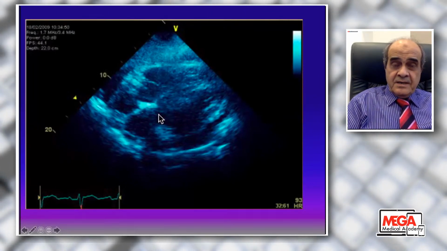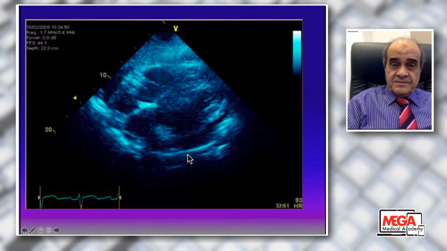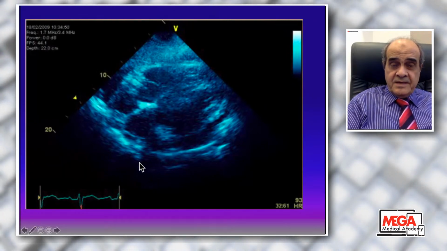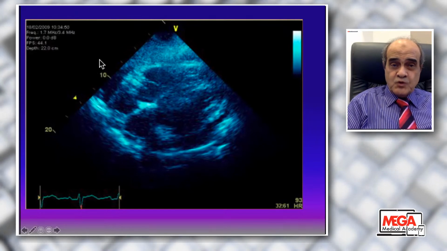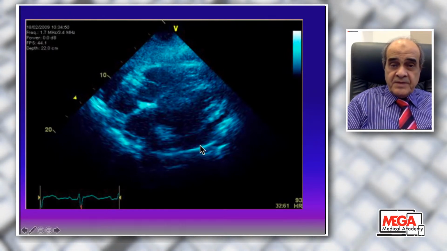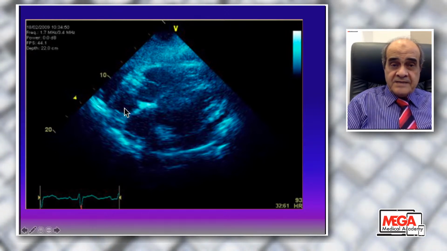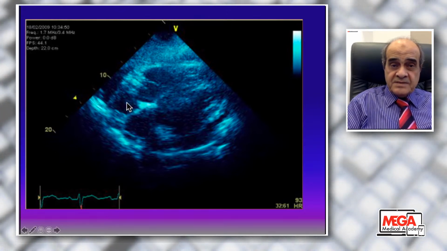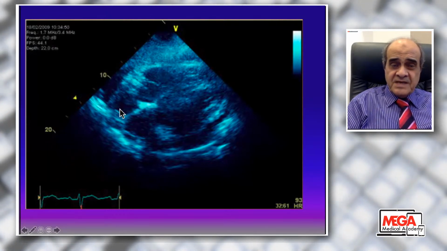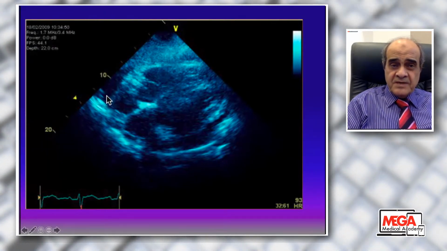This is the echo as we see, and I think this is clear. This is also a case of cardiac tamponade. As we see here, there is pericardial effusion, and the right atrium is compressed and narrow. As you know, the right atrial wall is very thin and easily compressed by any effusion.